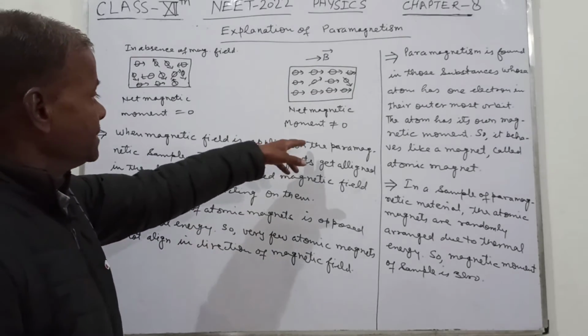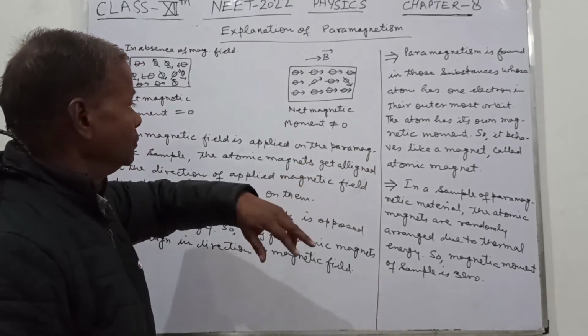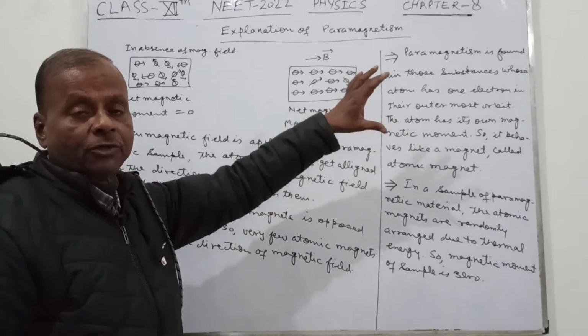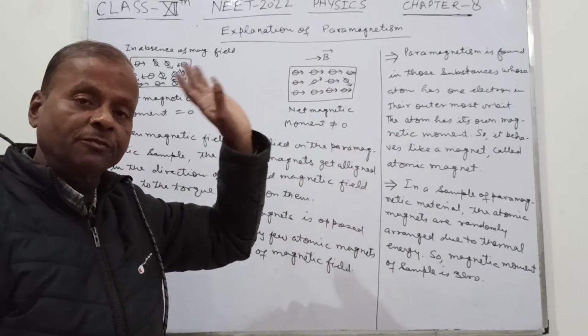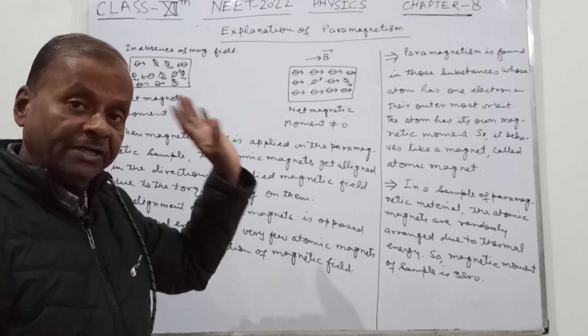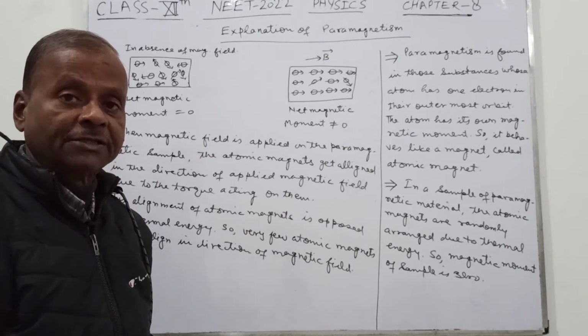So this says that the net magnetic moment is not zero, but the maximum number of atomic magnets are aligned in the direction of the magnetic field. So the material is getting magnetized in the direction of magnetic field.